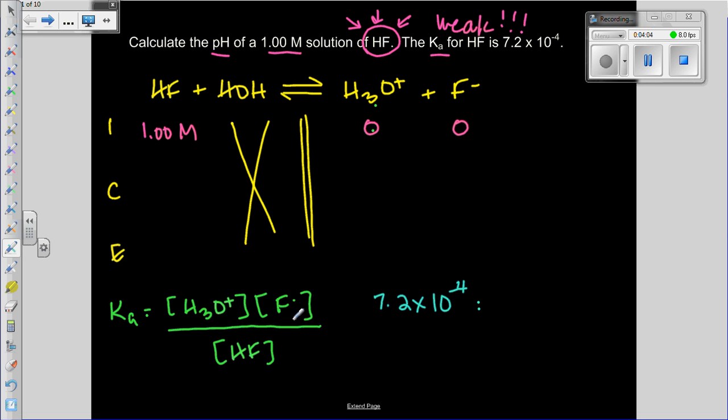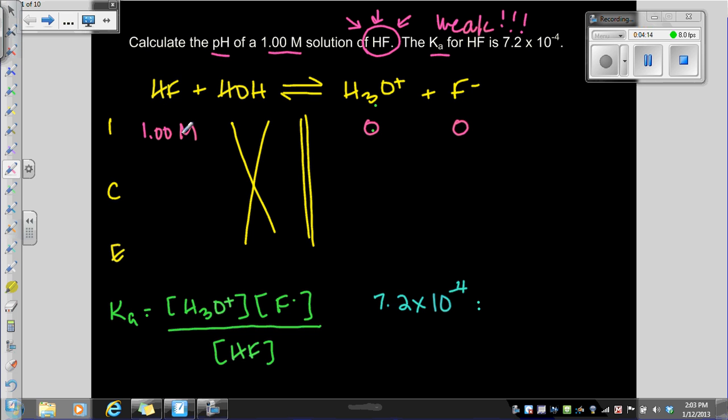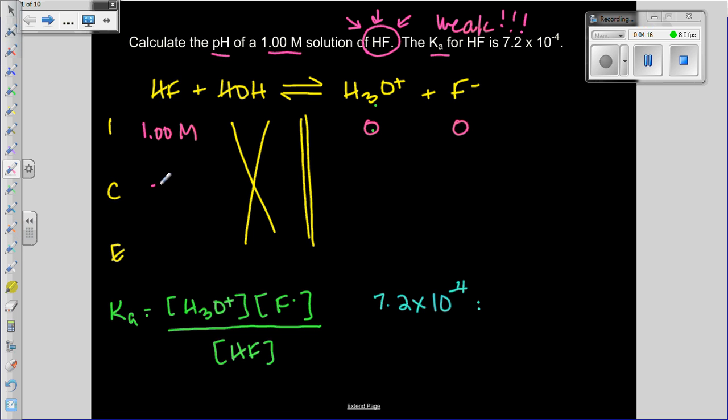Now, if you remember when we did equilibrium problems, when you were given the equilibrium constant but not equilibrium concentrations, we used X. So that's what we're going to do in our table. I don't know how much HF is going to go down by, so that's going to be minus X. Because we have a 1 to 1 molar ratio, our products go up by plus X, and then we just add or subtract down.